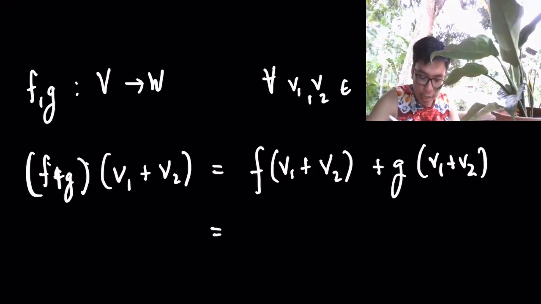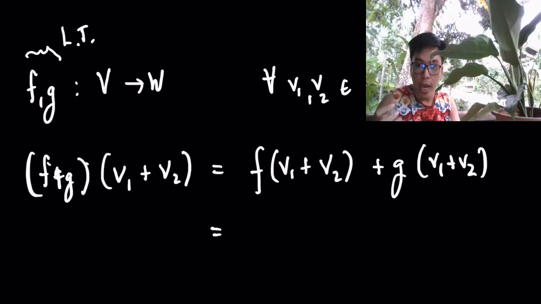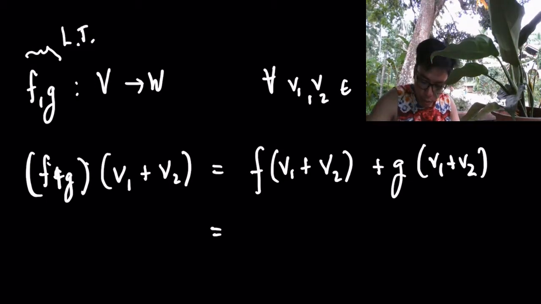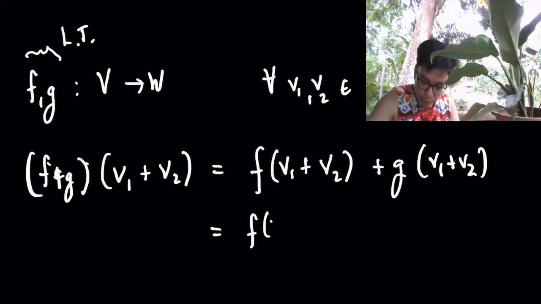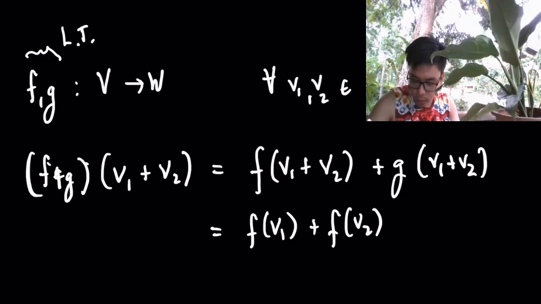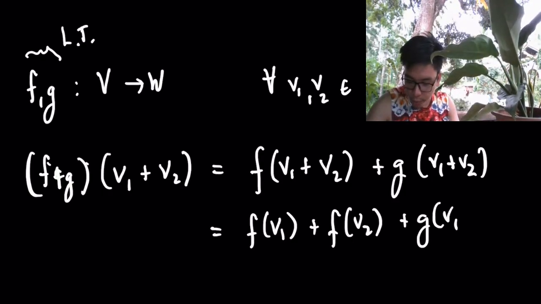And since f here is a linear transformation, by assumption, f and g are linear transformations, and we're interested whether the sum is also a linear transformation. So I would have f of v1 plus f of v2 plus g of v1 plus g of v2.